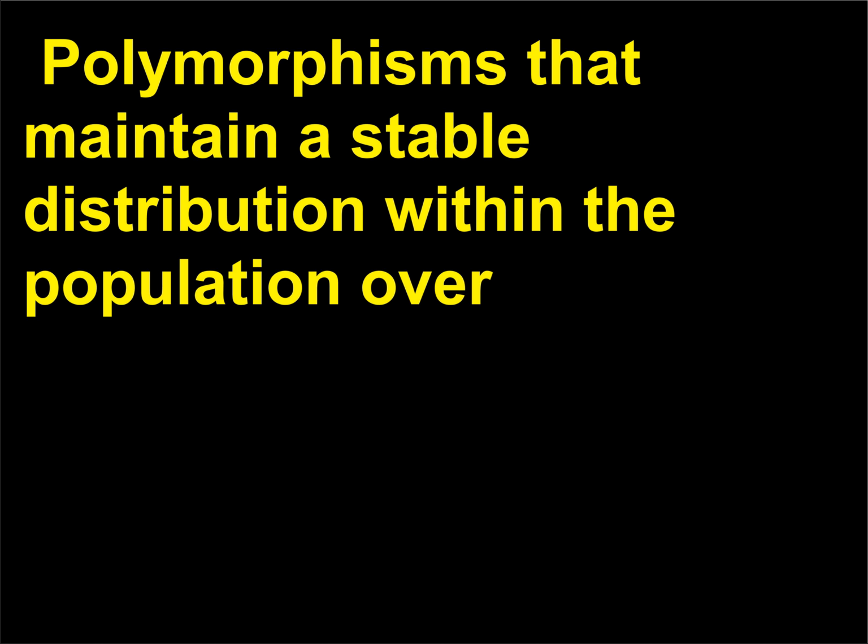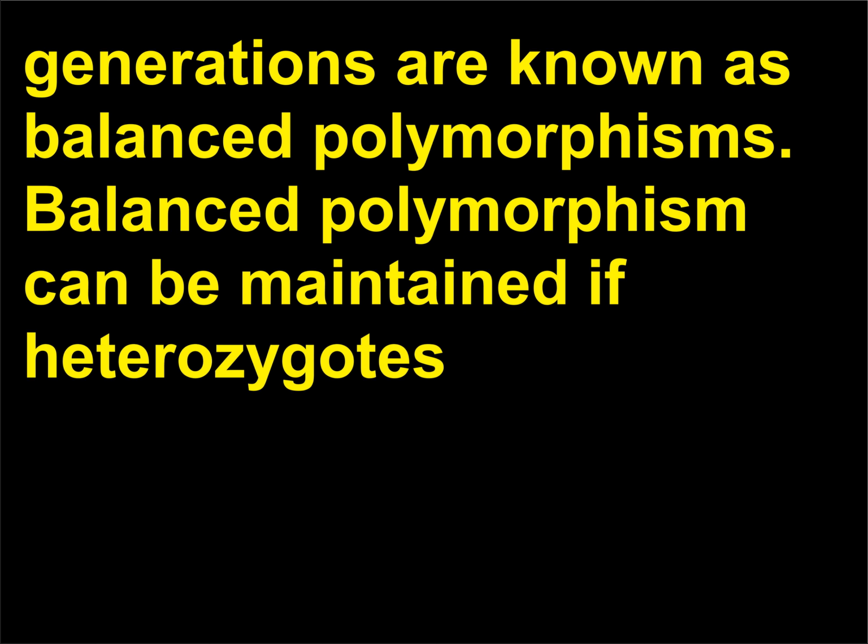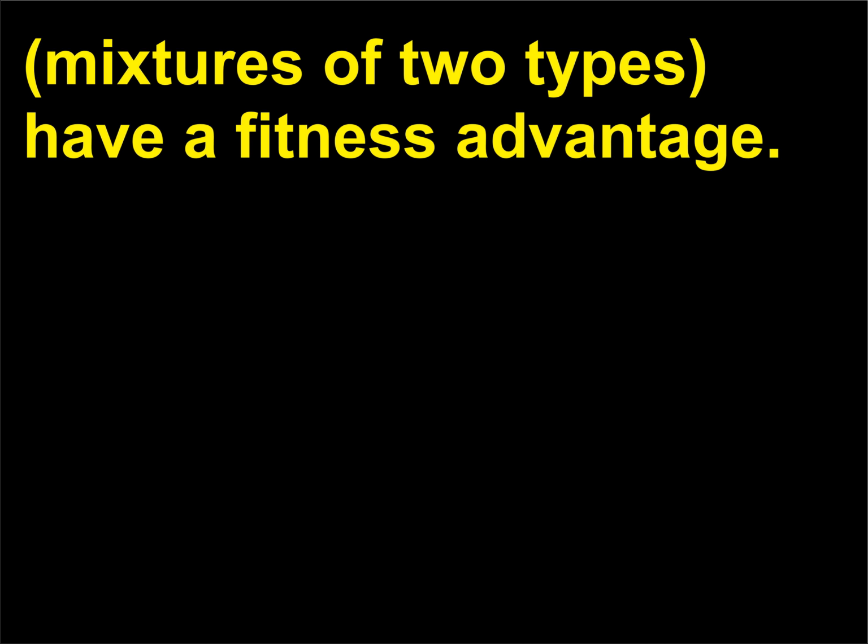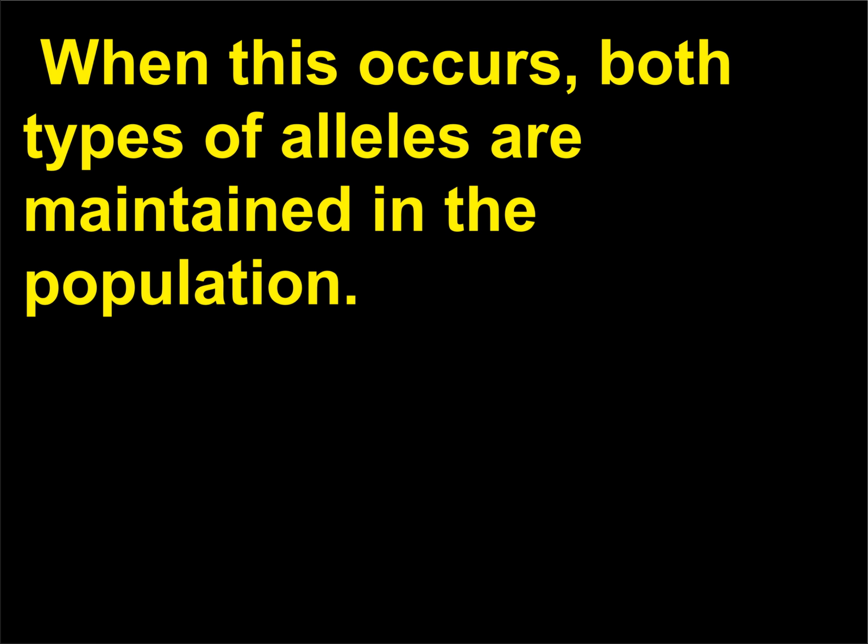Polymorphisms that maintain a stable distribution within the population over generations are known as balanced polymorphisms. Balanced polymorphism can be maintained if heterozygotes, mixtures of two types, have a fitness advantage. When this occurs, both types of alleles are maintained in the population.